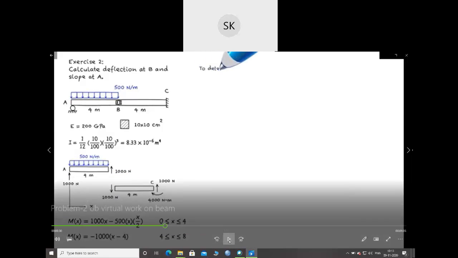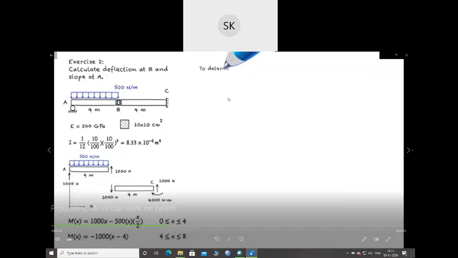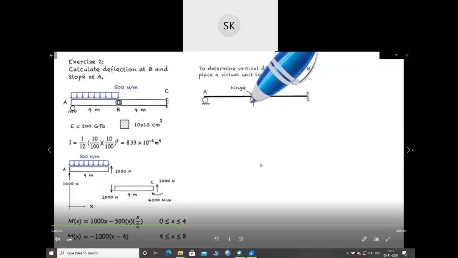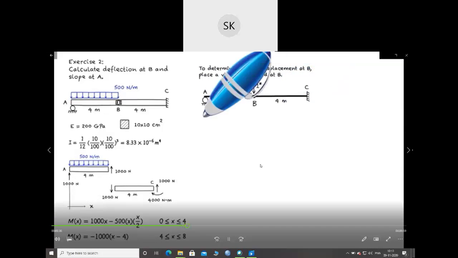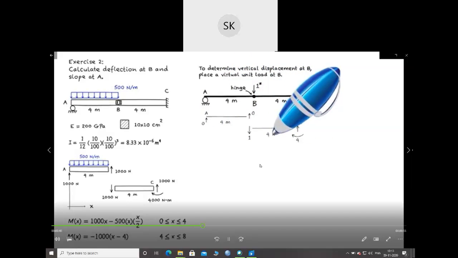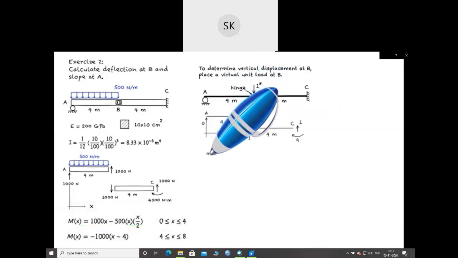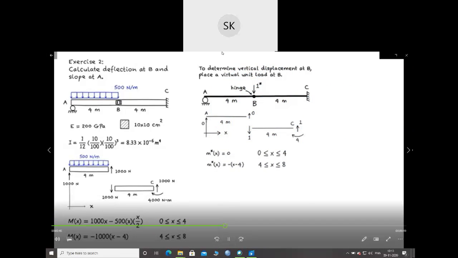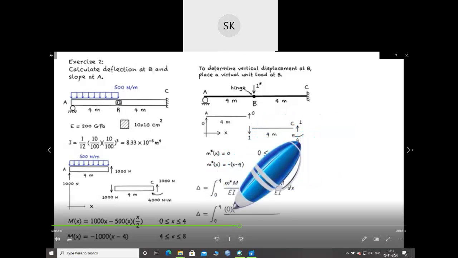So they have found out the moment equations for 0 to 4 and then 4 to 8. So this point is considered as a hinge point.